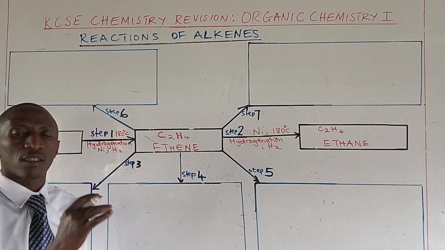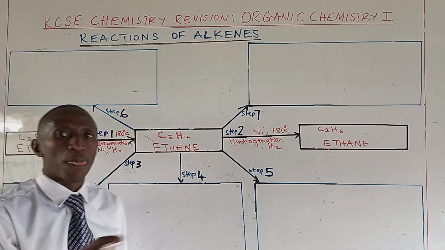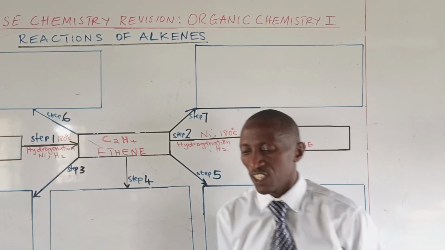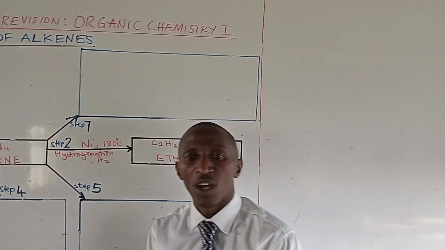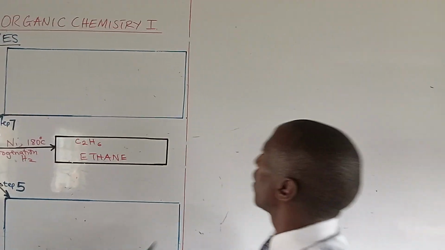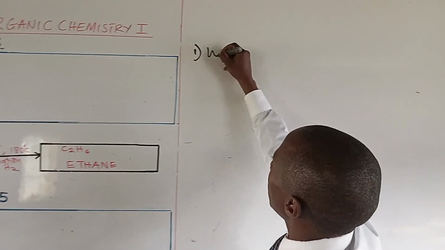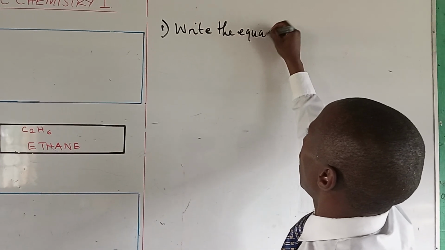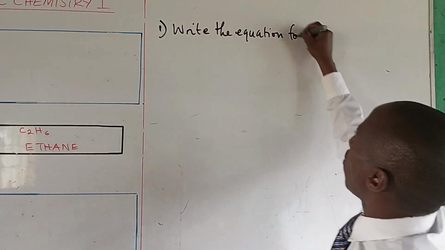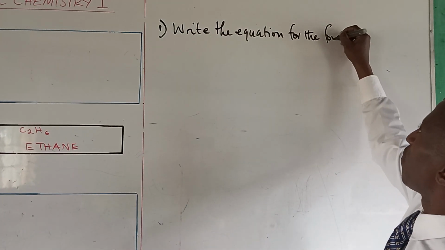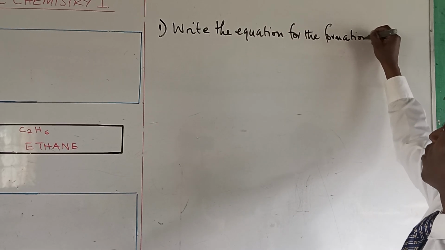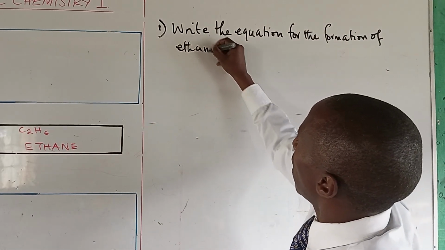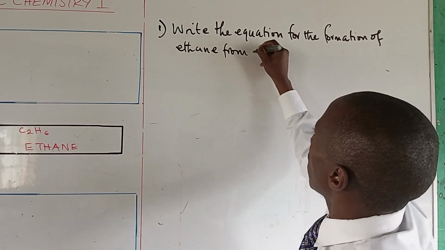In the activity that we are going to have, I'll give you some sample questions on you writing the equation. For instance, now we move to our section on writing, and I would like you to write the equation. Number 1, write the equation for the formation of ethane from ethene.